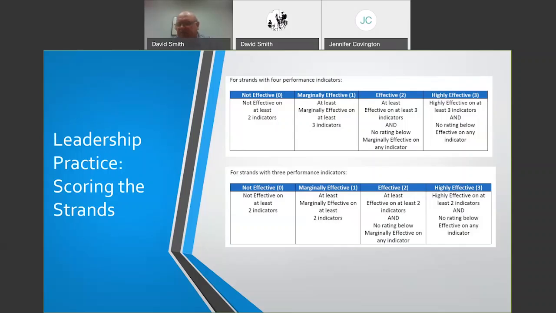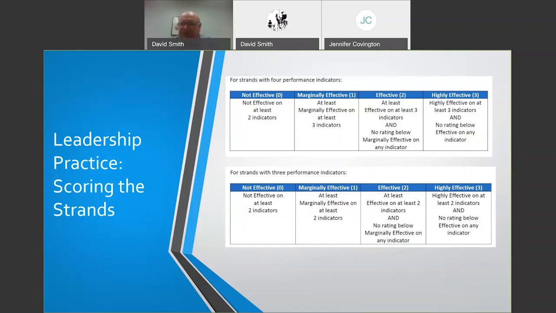So they can have 3 effective and 1 marginally effective, or 3 effective and 1 highly effective, but they can't have 3 effective and 1 not effective and be marked effective. They would be marked as marginally effective.